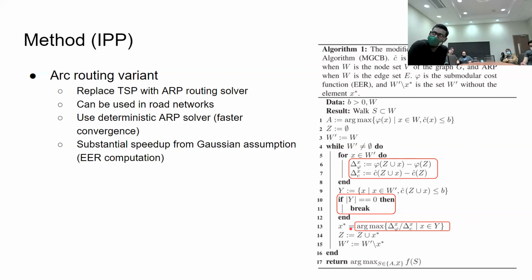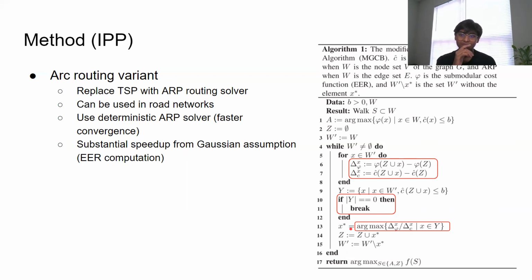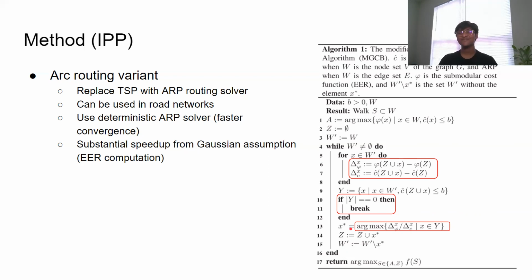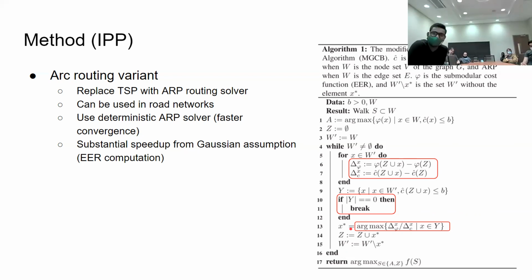I know that you proved that EER is a submodular function, but I do not necessarily see that this C hat function, that's the arc cost, is submodular. And I also do not see whether the ratio that you consider in line 13 is a submodular function. So at any point, if you want to comment on that and the suboptimality of your approach, that would be nice.